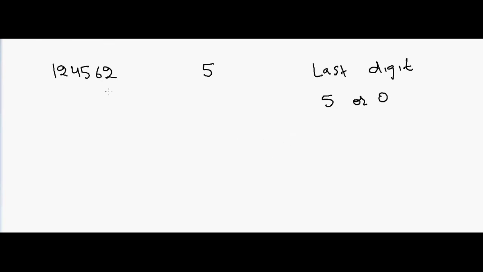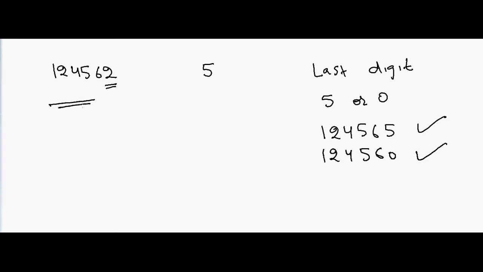In this case it's not, so it is not divisible by 5. If I had 1, 2, 4, 5, 6, 5, or if I had 1, 2, 4, 5, 6, 0, then it would be, but not in this case. So we know this now.